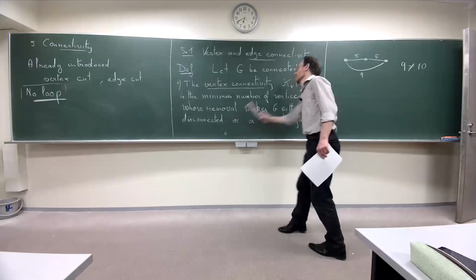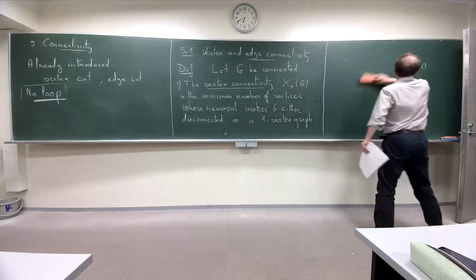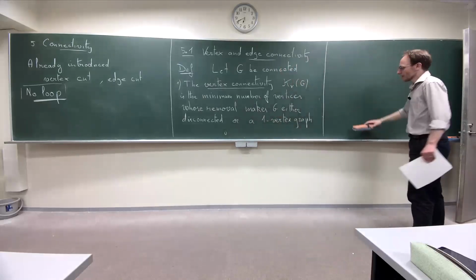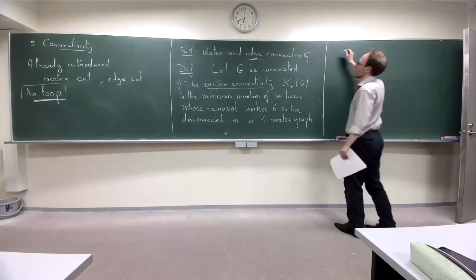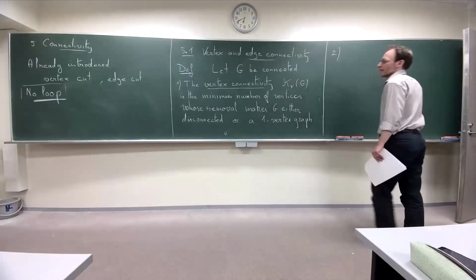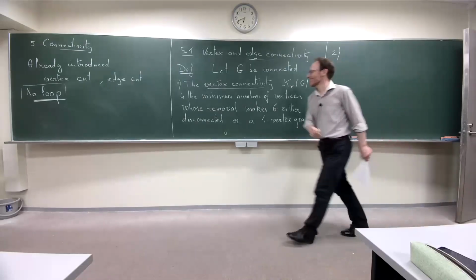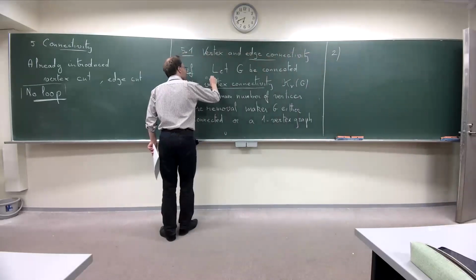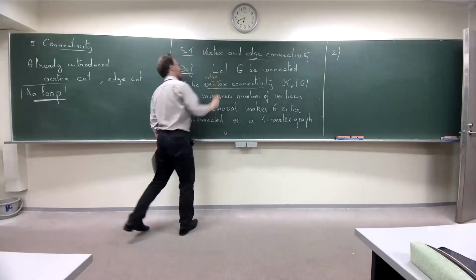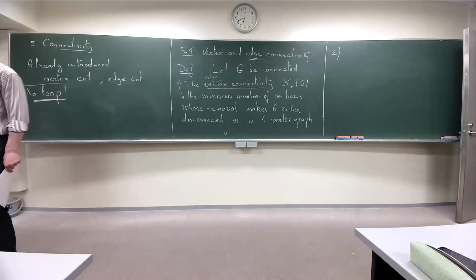And you can guess the second definition about edge connectivity. Do I have to write it, or I can just cheat? Let me cheat. It's not every day that I can cheat.